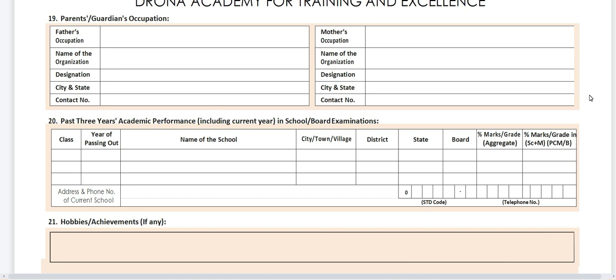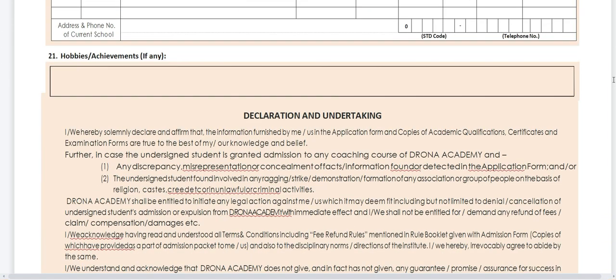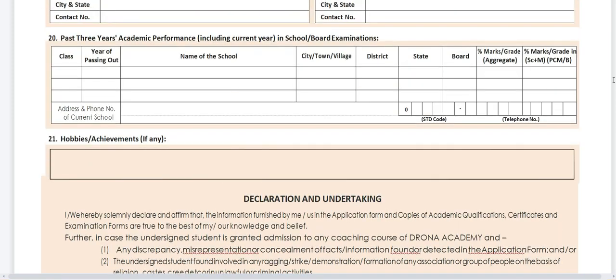Now, moving on to the second or the third part, if you remember and you have the mark sheet, you can definitely fill the column for the second and the third part. And in point number 22, you can write your hobbies or achievements, if any, in your school, if you have achieved something, if you are at the state level or the national level, if you have played any sports or in academics, you can write here.